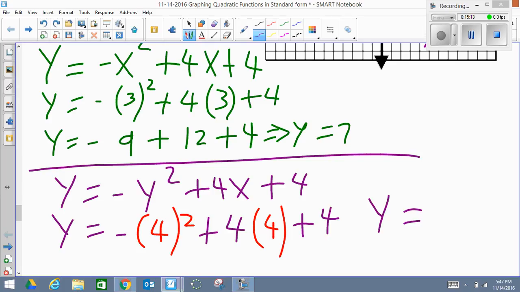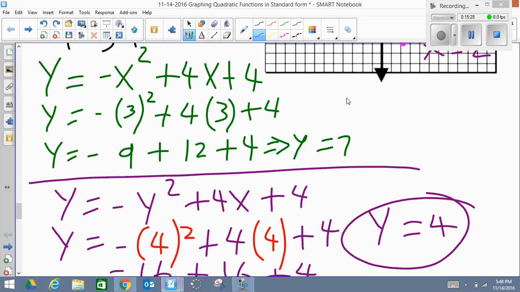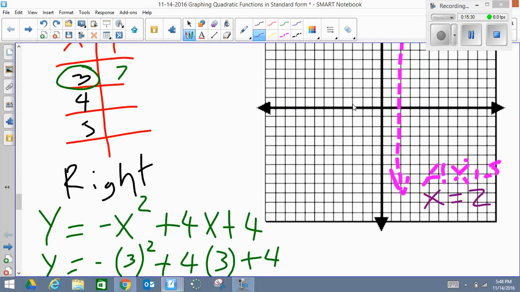Okay, and that's going to give me a value. Negative 4 squared is 16, with the negative in front is negative 16, plus 16 plus 4. The 16s cancel, so y equals 4. So let's go back to the table of values and put 4 for the y.